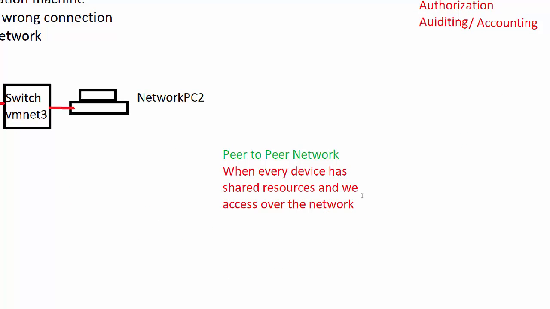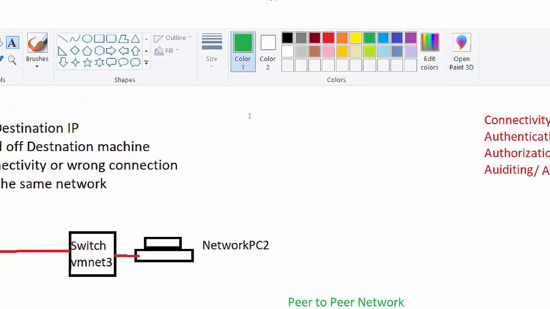So it's a peer-to-peer network. For example, we have right now 17 PCs. If we have files on each and every PC and we are accessing each other's resources, it's going to be a peer-to-peer network. So we are calling off the day here and we will start from here on Monday.